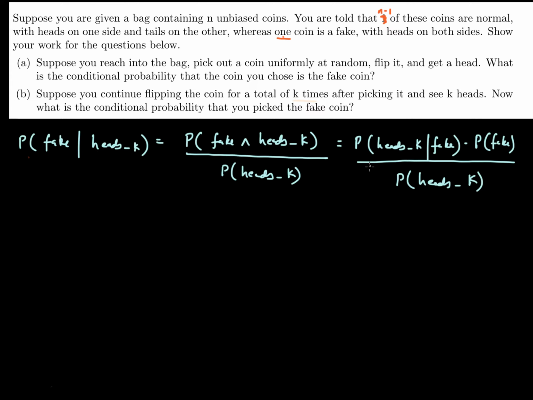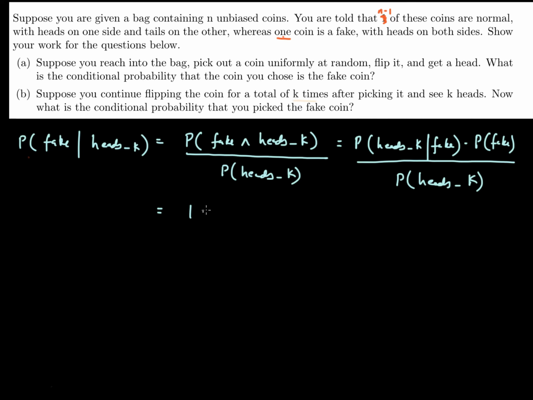Okay, so at this point, I can see that the probability of heads occurring k times, given that the coin was fake, that data I already have with me. If the coin was fake, how many times would I see heads occurring k times? Well, that's going to be exactly 1, because the fake coin has heads on both sides.